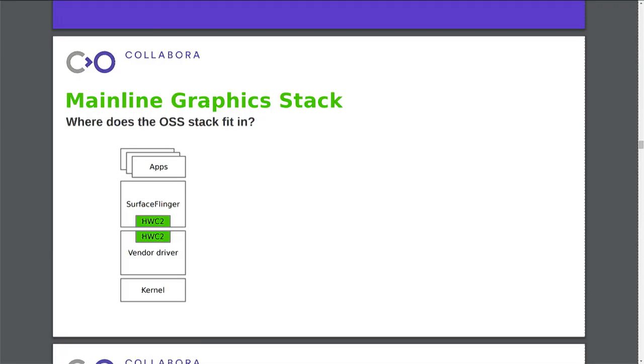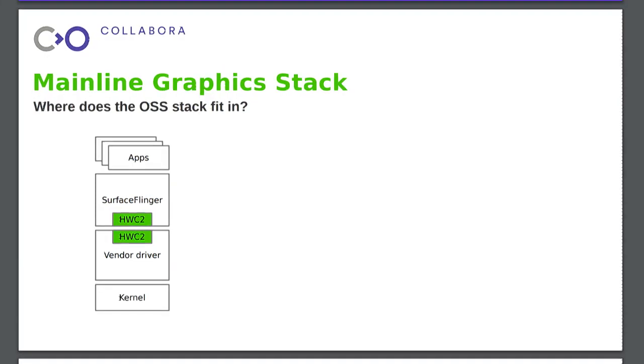Right. So there's sort of a stack, and there's the kernel, and on top of that, there's the graphics driver. It partially lives in the kernel, partially lives in user space. And on top of that, there's the HWC part, the hardware composer, which in Android is done through a protocol called, creatively, HWC2.